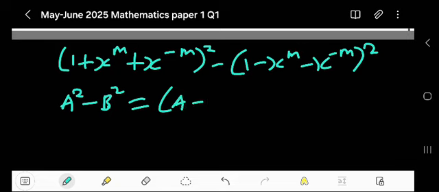If you factorize this, it will give us this, isn't it? So guys, it's one and the same thing.